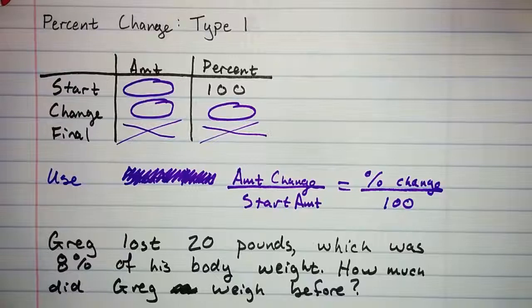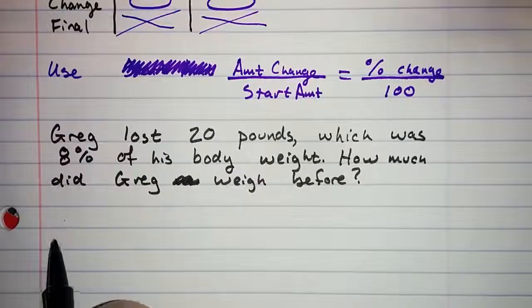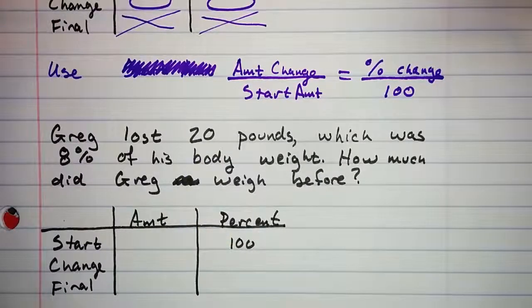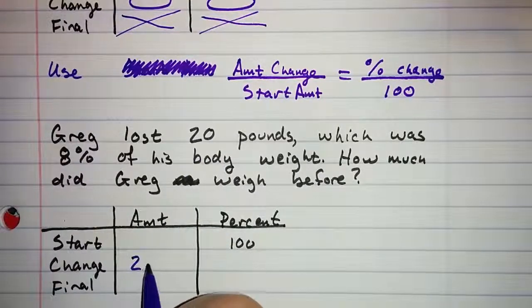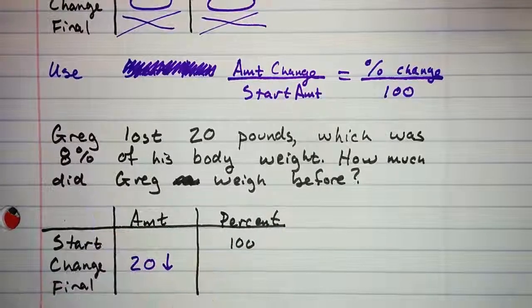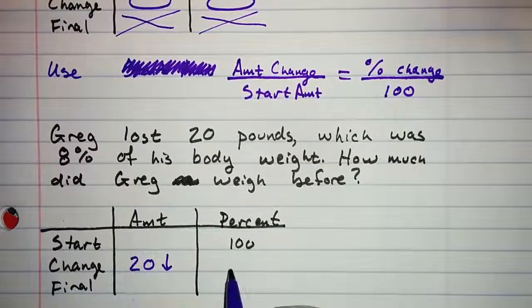Suppose that Greg lost 20 pounds, which was 8% of his body weight. How much did Greg weigh before? Well, filling in this chart, we see he lost 20 pounds, so his weight changed by 20 pounds going down, which was 8% of his body weight.